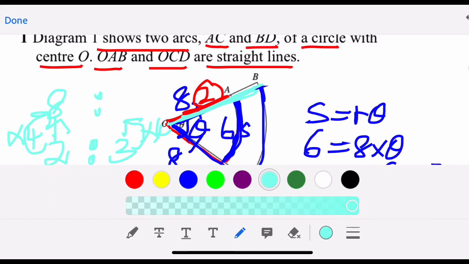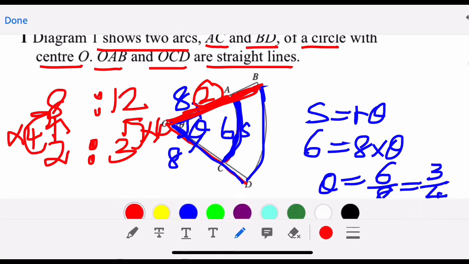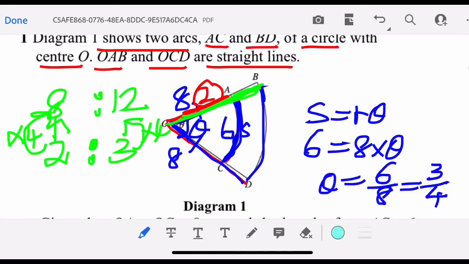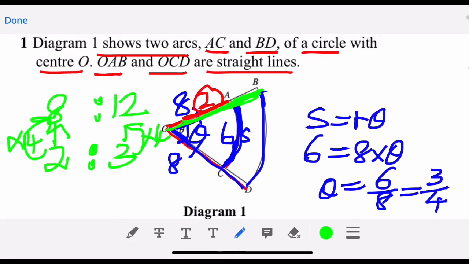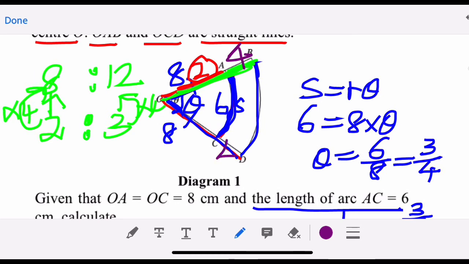3 times 4 is 12. So this part is only 4. The whole thing is 12. Now, how to find the arc length here?